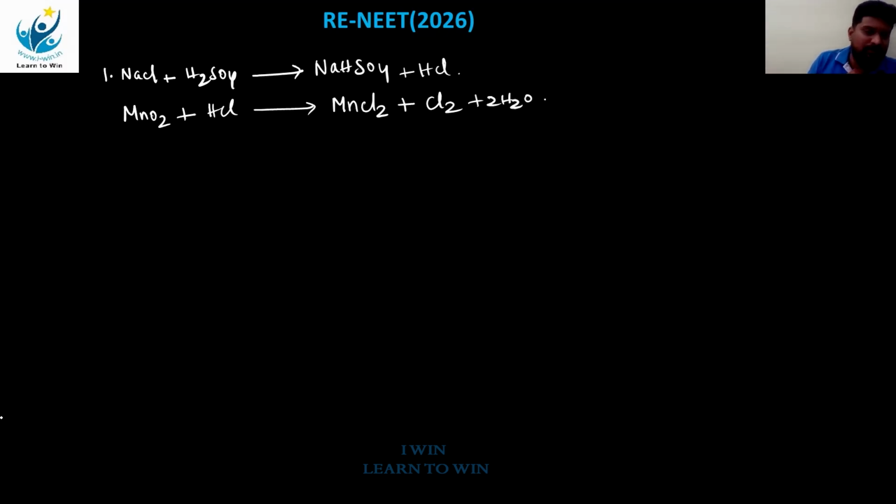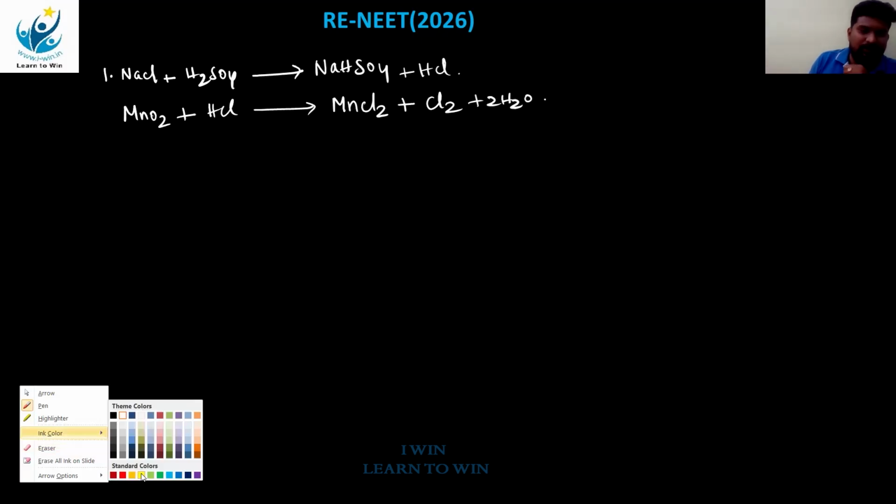NaHSO4 plus HCl. And the next thing we have is MnO2. When it is reacted with HCl, we are going to get MnCl2 plus Cl2 plus 2H2O.